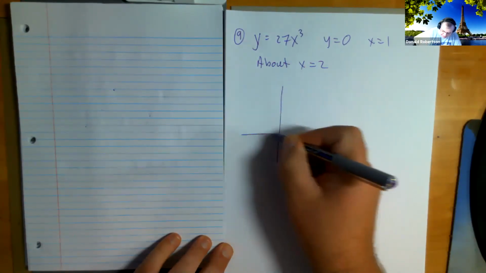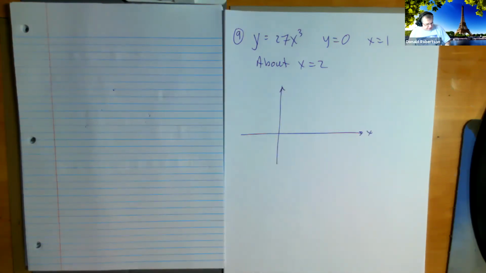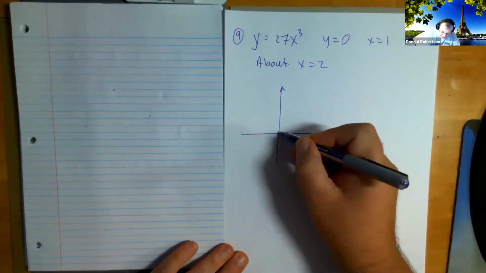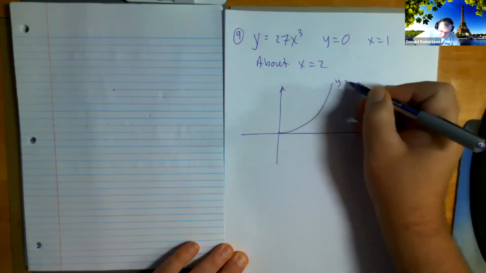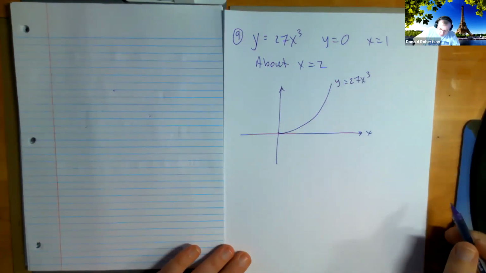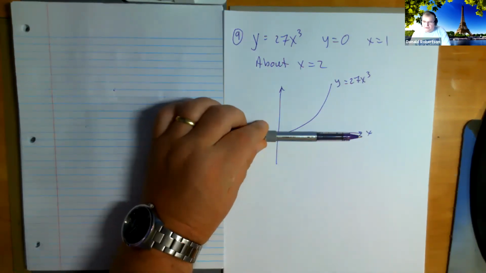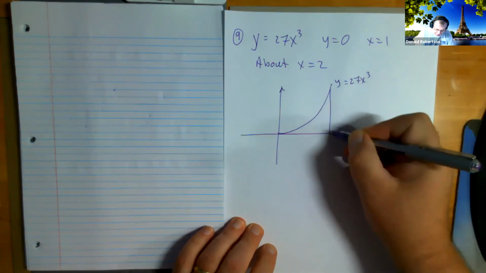Now you've got to be thinking disk method. So don't think shell method, because if you start letting that into your brain, you'll never get any of them right, because what you'll do is you'll make a monster method which uses a bit of one and a bit of the other, and neither work. So y = 27x cubed is pretty easy to sketch, but you can check it on GeoGebra. y = 0 is the x-axis, and x = 1 is this one.